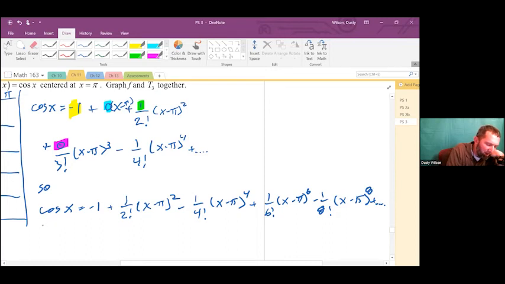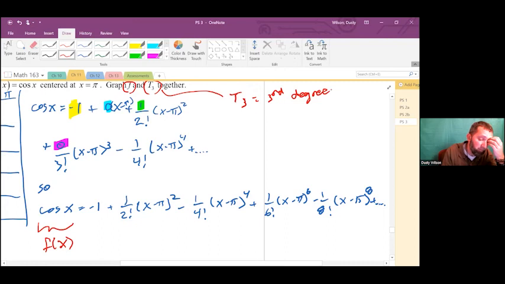So f of x is cosine of x. But T3 is the third degree Taylor polynomial.